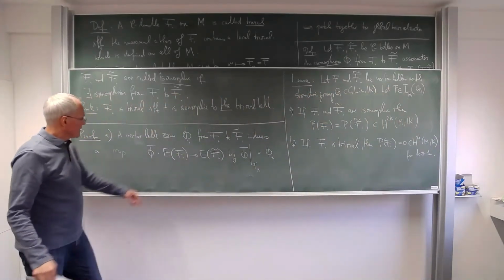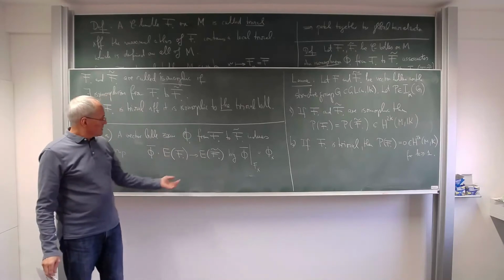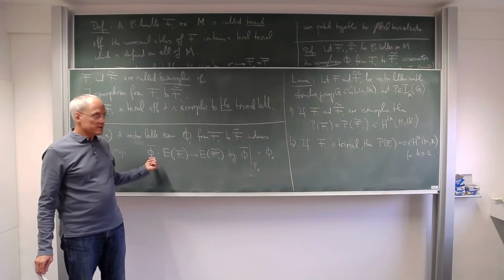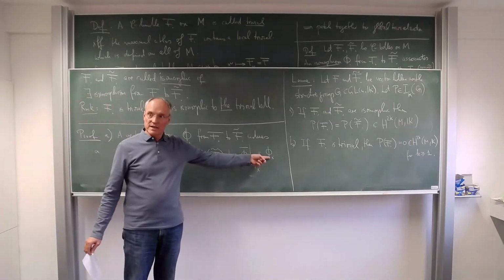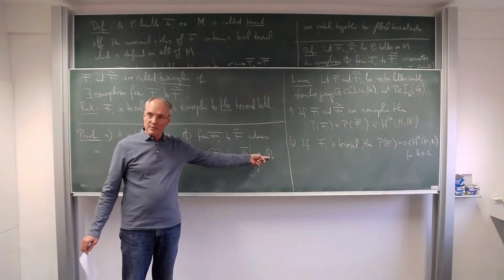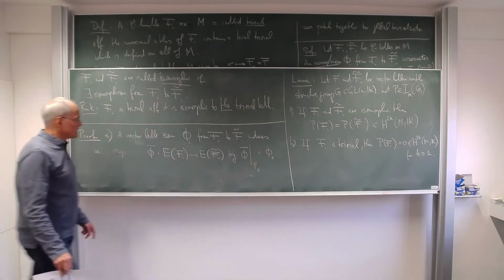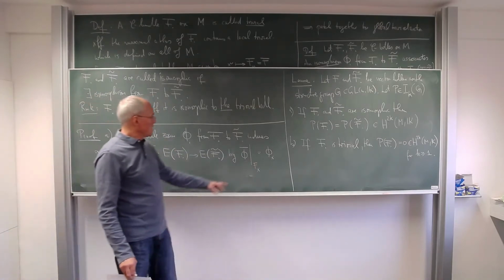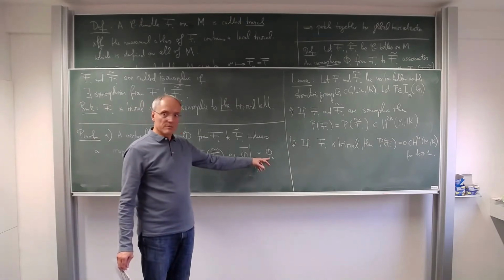And in fact, we can invert this, since this is an isomorphism over each point. So this map has an inverse by just inverting this for each x. So it's a bijective map. And it's not just a bijective map, it also depends smoothly on x because of this smooth dependence.